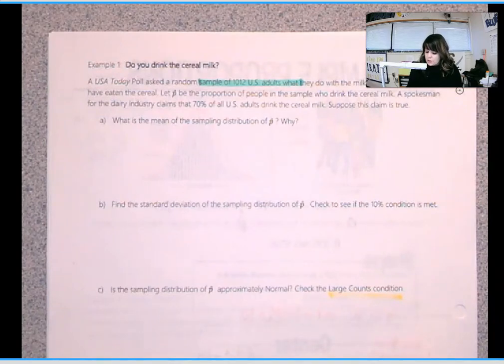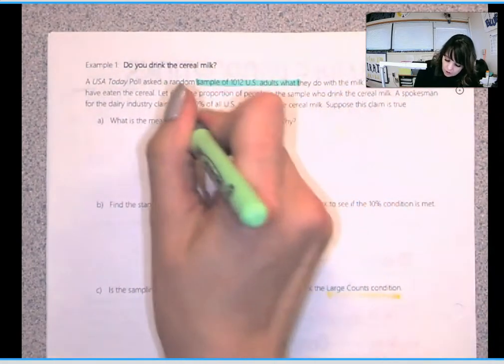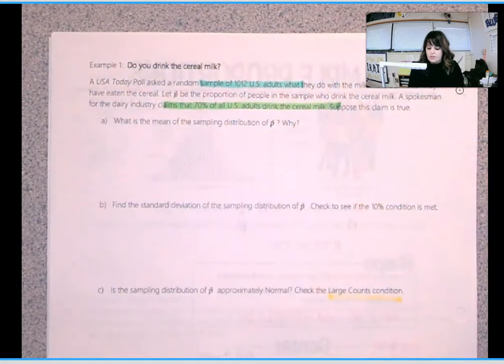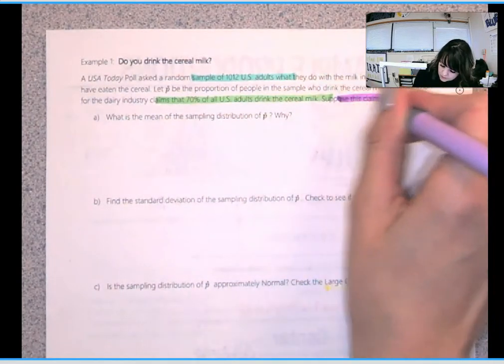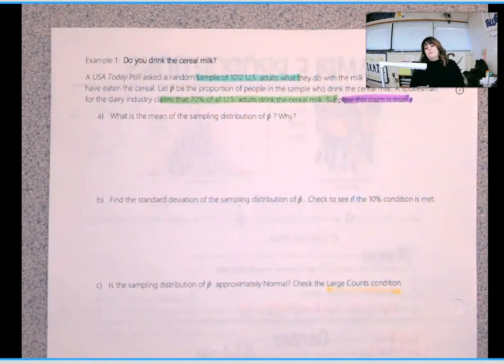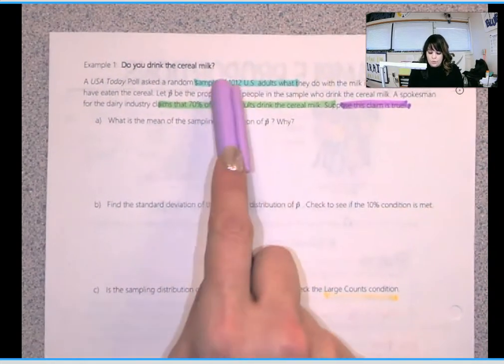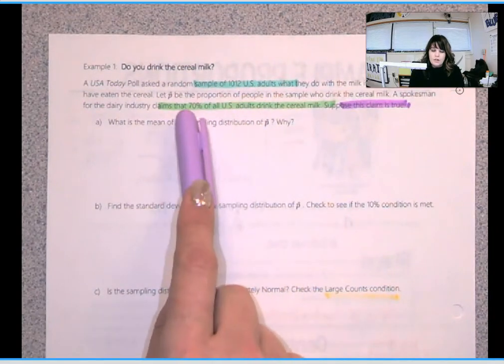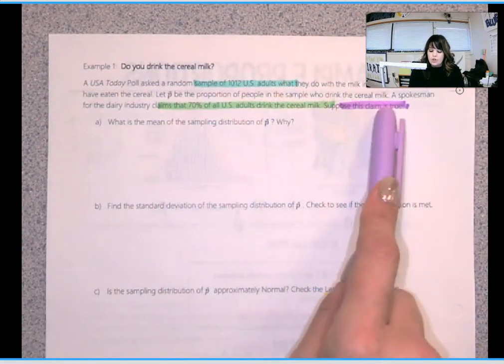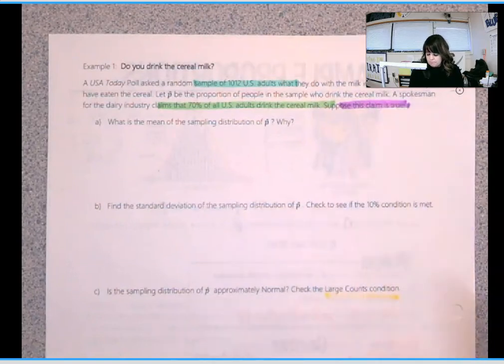A spokesperson for the dairy industry claims that 70% of all U.S. adults drink the cereal milk. Now, the last part is very important, and it says, suppose the claim is true. Suppose this claim is true. So we are given our sample size, we are given our proportion, and told that it is a true proportion.